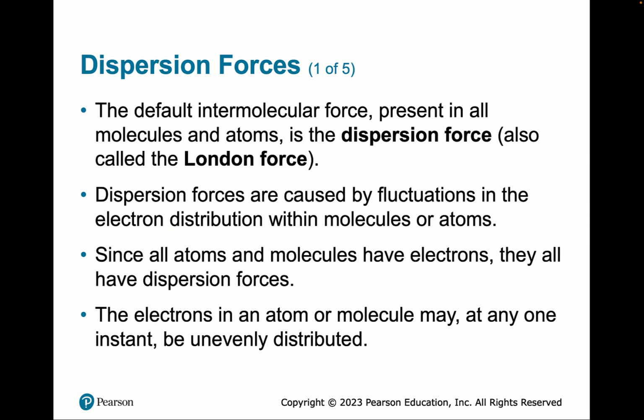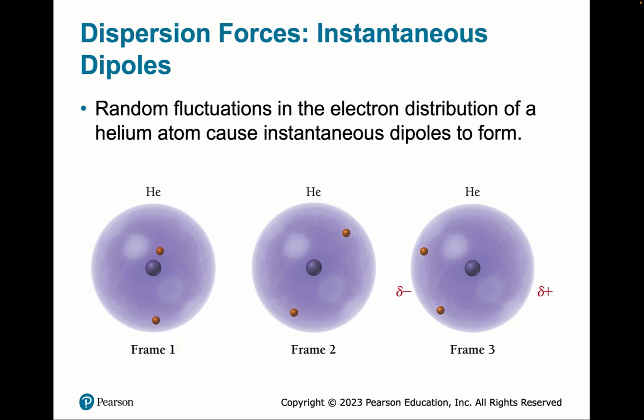And when that happens, the electrons flow slightly away from the other electrons, and that induces a slight positive charge in the other atom, and then there is a very weak attraction between them, and that is called the dispersion force.